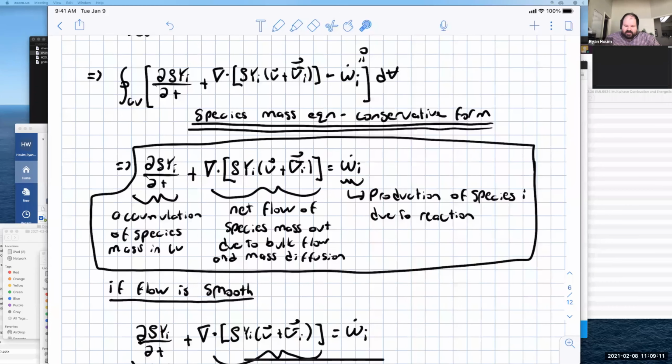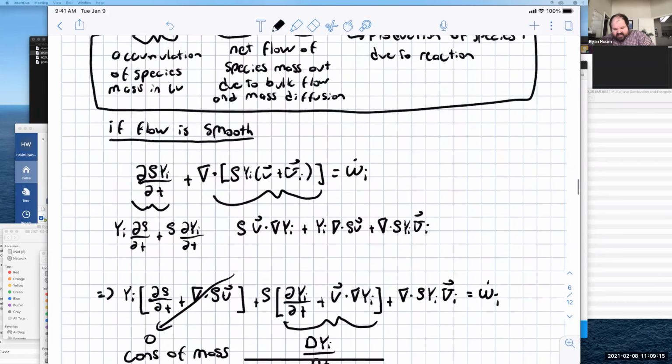equation, and then you can prove that the sum of all the species mass equations equals the conservation of mass.